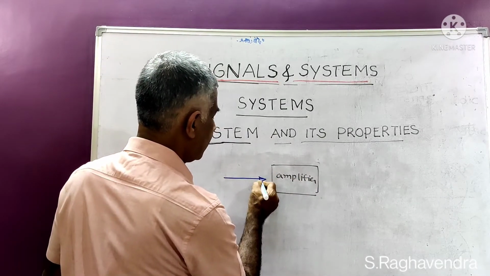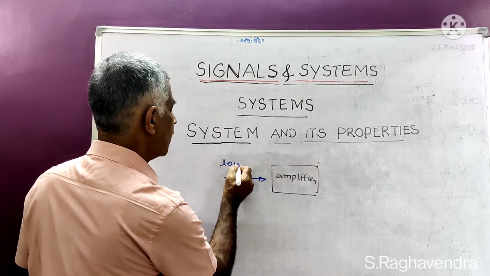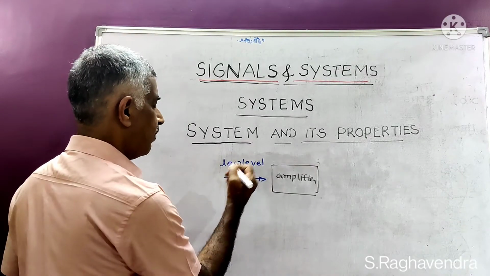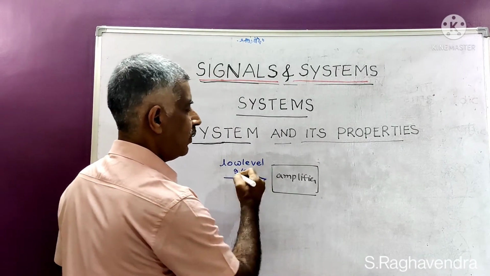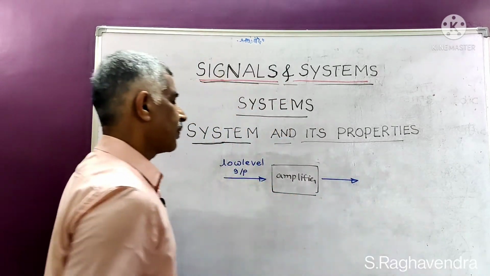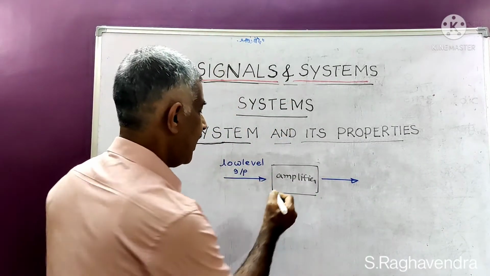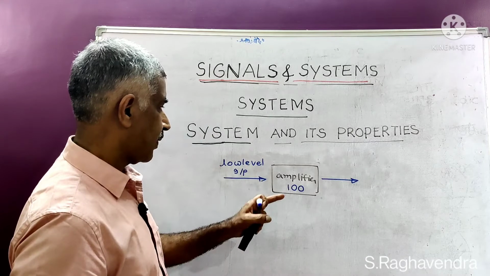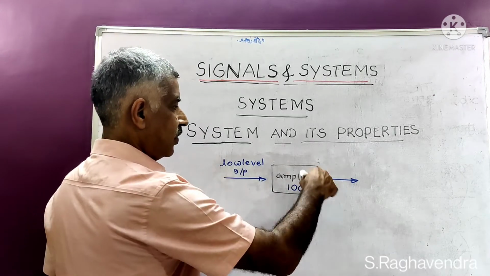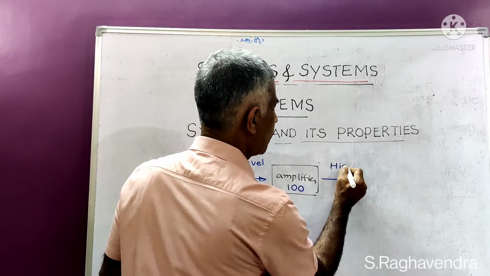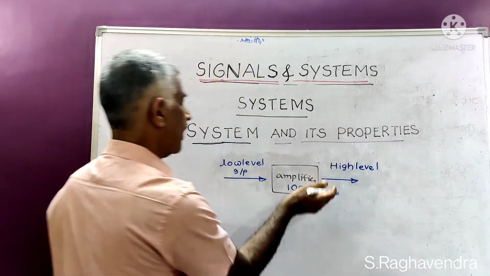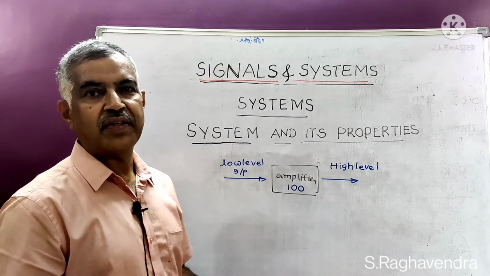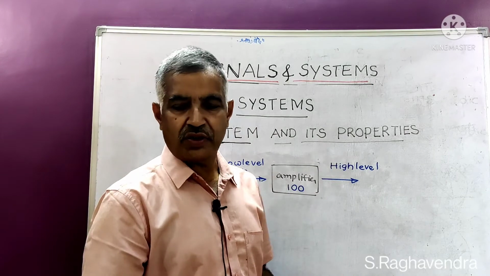For an amplifier, input is a low level signal, of the order of microvolts. Now it undergoes change. For example, the amplifier has a gain of 100. If voltage amplification is 100 times, then the output will be a high level output, 100 times the input signal. So in a public address system, an amplifier is a good example of a system. I gave 3 examples.